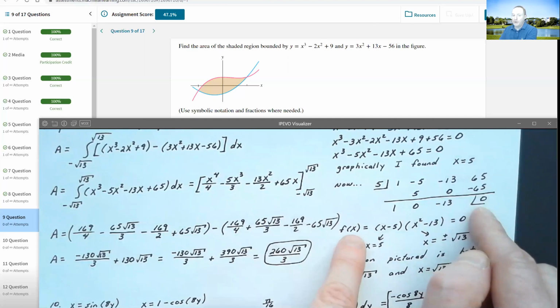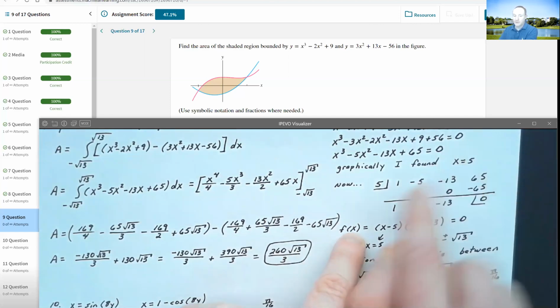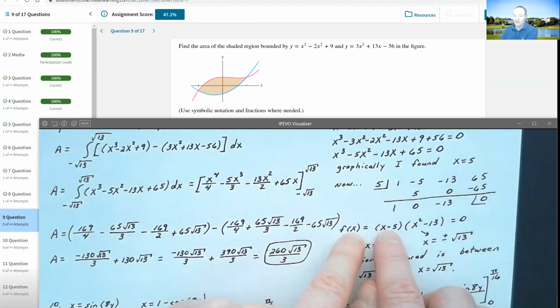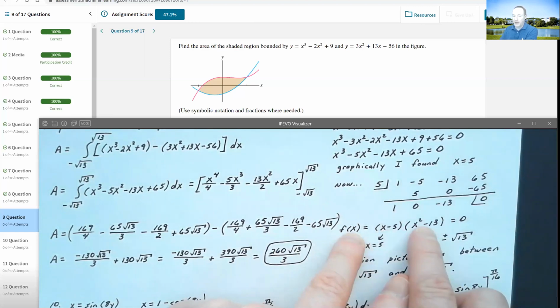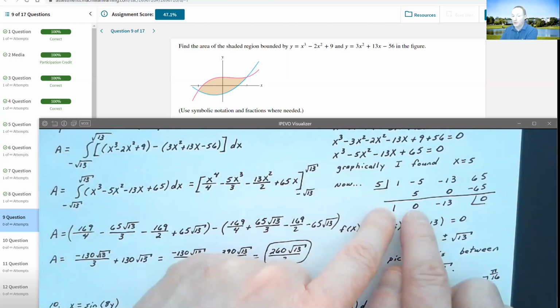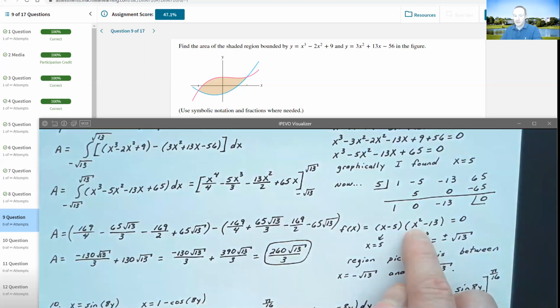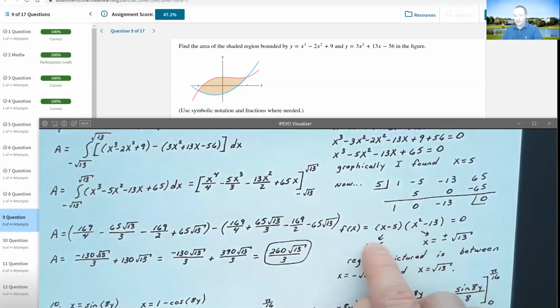So now what I know is f of x is factorable. If x equals 5 is a solution, then x minus 5 is a factor. The other factor has to be 1 power lower, so it's going to be 1x squared plus 0x minus 13. Well, it's x squared minus 13. Clearly, if you set the first factor equal to 0, you get the 5 that we already knew we had.